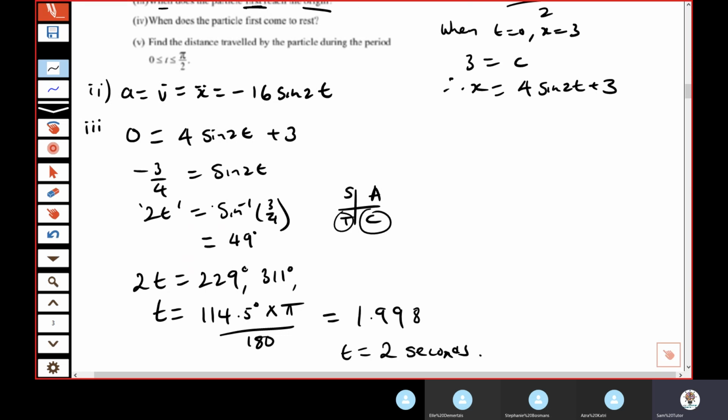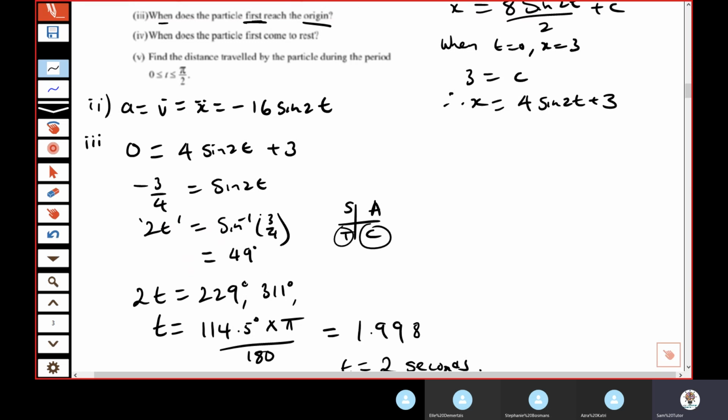You remember? Why didn't I add 360? First. All I care about is first. So the other answers are irrelevant. I'm not going to do more work if I'm not required. But I should have. Technically, there should be plus 360s. That's the proper way. But for this question, because I only need the first one, I would ignore everything else.